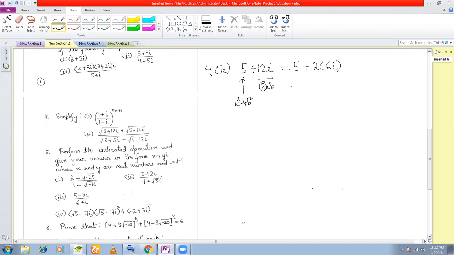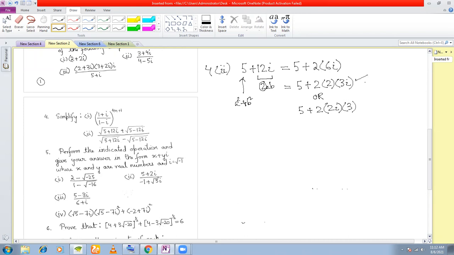Now see, 6i can either be written as 2 into 3i, right? You can write this way, or you can also write this as 5 plus 2 into 2i into 3, isn't it? These two ways you can write. Yes, sir.